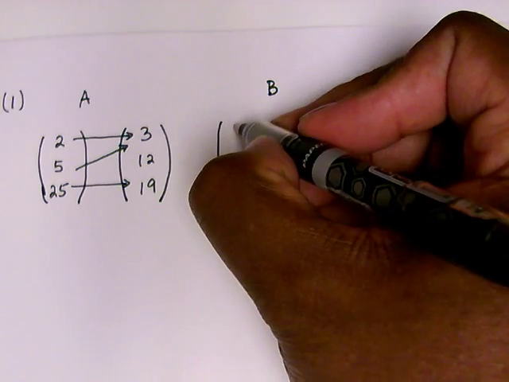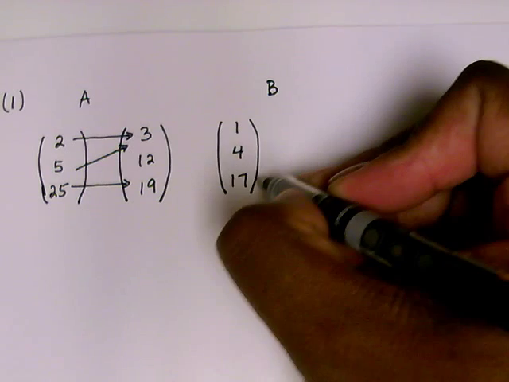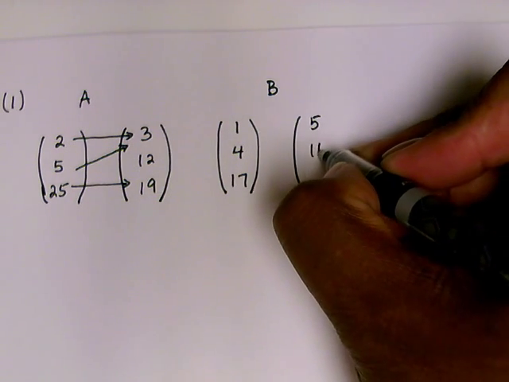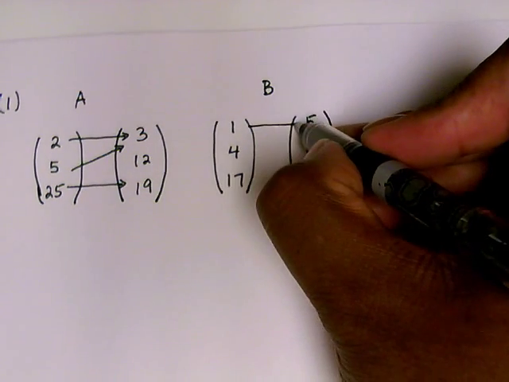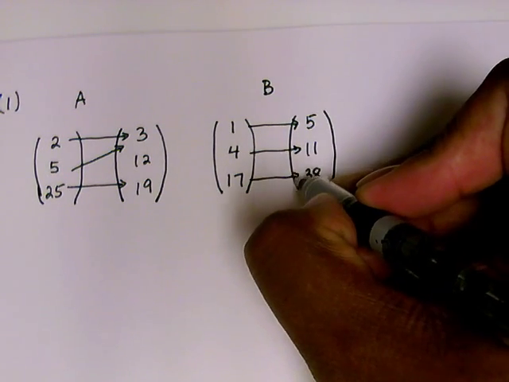Mapping B has 1, 4, 17, and 5, 11, 38. In this case, the 1 goes to the 5, 4 goes to the 11, and 17 goes to 38.